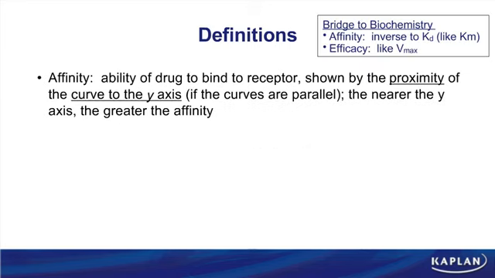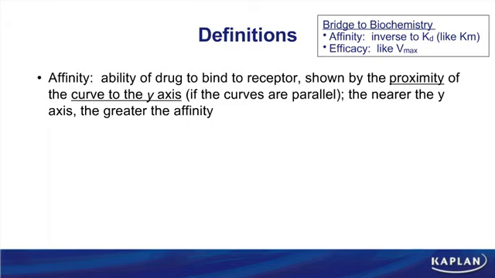There are three terms that you need to be familiar with because they might show up on a dose-response curve. You might be asked to compare affinity, potency, and efficacy of two or more drugs on a dose-response curve. Let's make sure we can do that. First, if I'm asked to compare affinities, affinity on a dose-response curve is measured by the proximity of the curve to the y-axis.